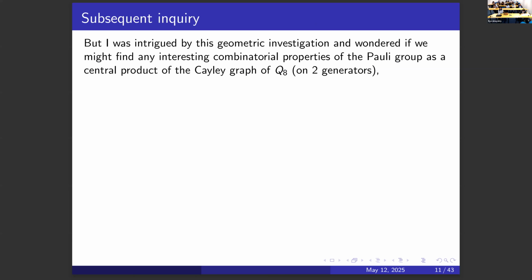But I was just intrigued by this geometric investigation and wondered if any other combinatorial properties of the Pauli group could be simplified in some other kind of system. And so what I wanted to do was work on the Cayley graphs and see if we could use D8 and Z4 and simplify the spectra in much the same way that you did with the previous theorem.